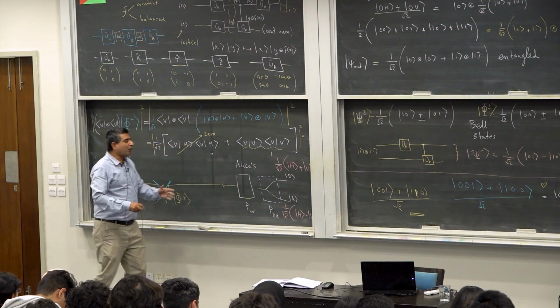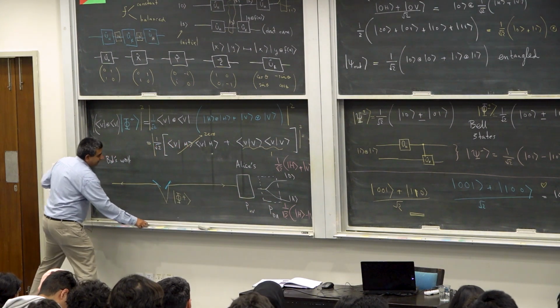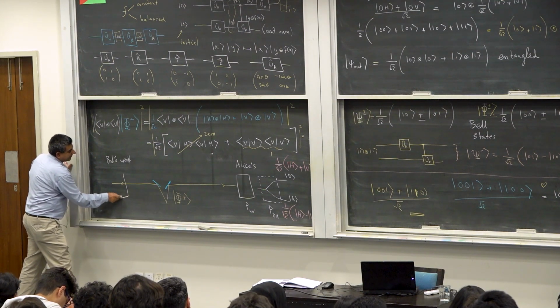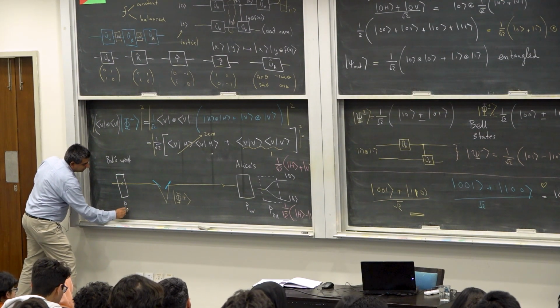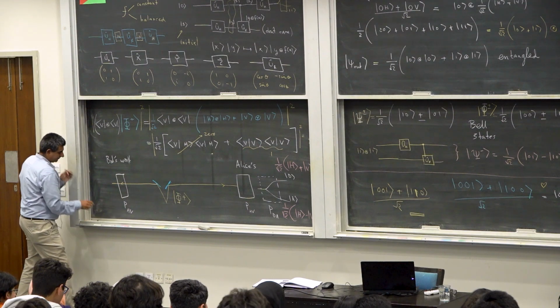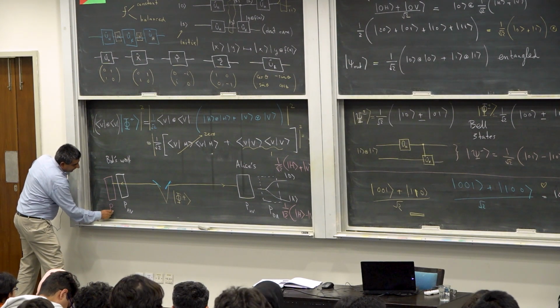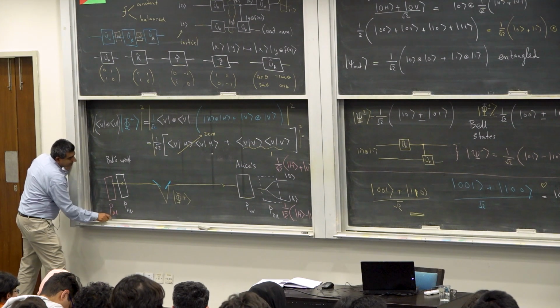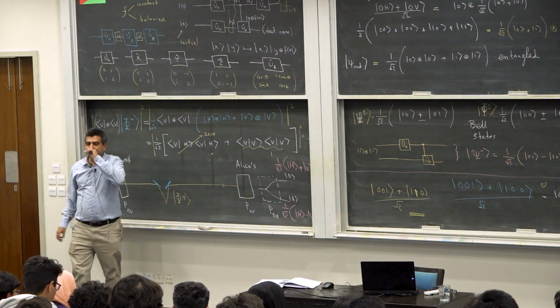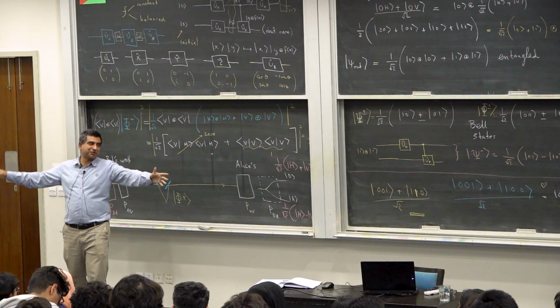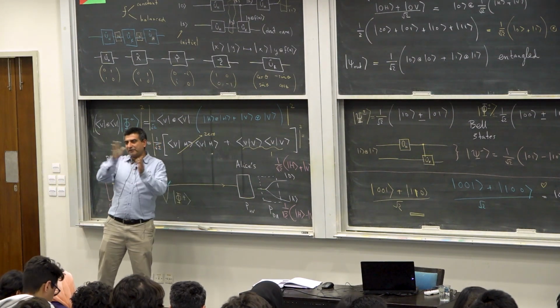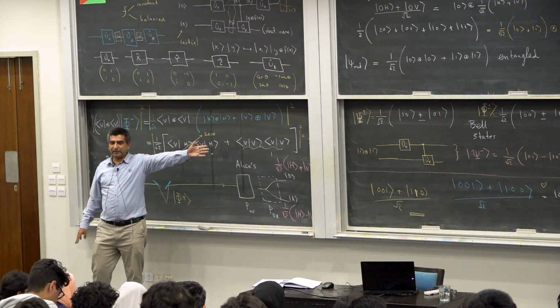So likewise, Bob can choose between these two different kinds of measurements, HV and DA. If both of them measure in the horizontal-vertical basis, we've already seen what the results look like.